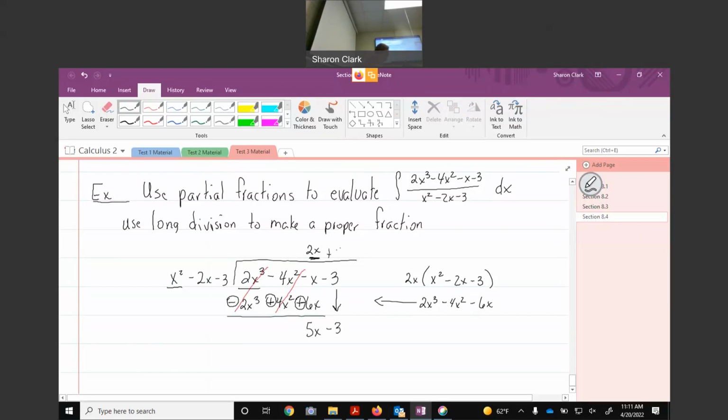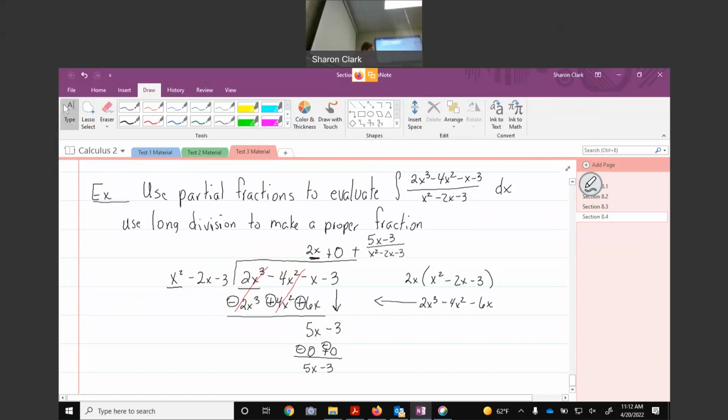And then there's nothing because I don't have any x squared terms. So 0 plus 0. Change my signs. 5x minus 3 over x squared minus 2x minus 3.